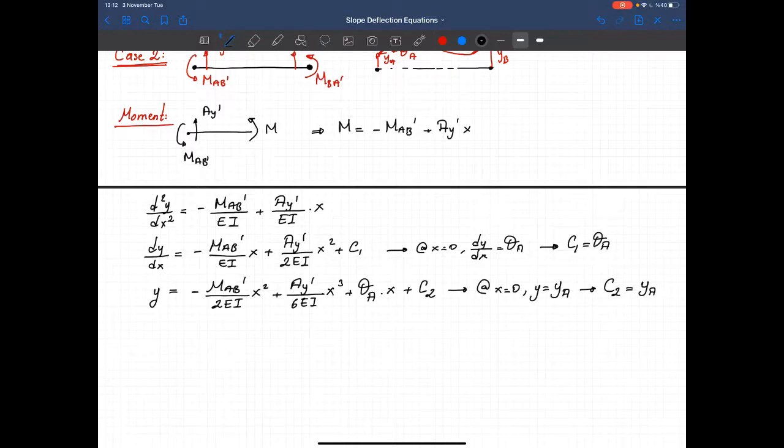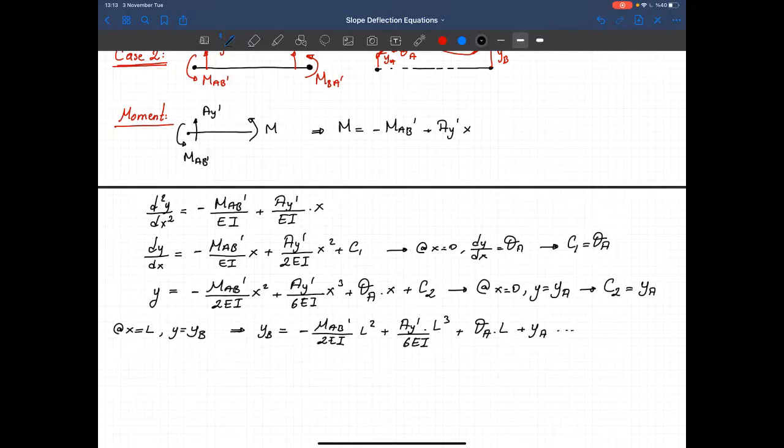Now for my next boundary condition: at x equal to L, y is equal to yB. Then yB is equal to minus MAB prime divided by 2EI times L squared plus AY prime times L cubed divided by 6EI plus theta A times L plus yA.